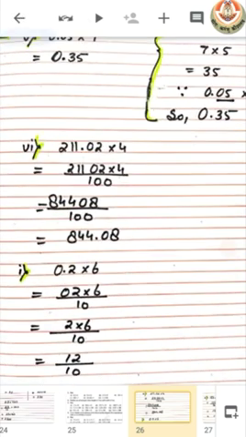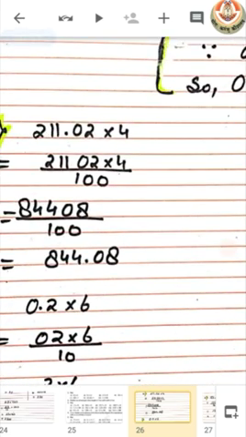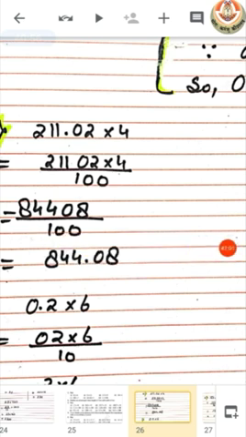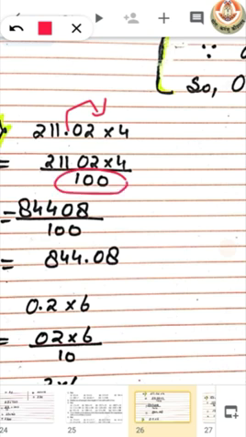Here you can see how we can simply multiply. To multiply 211.02 with 4, we first shift the digits to the rightmost side and place 100 in the denominator. Then we have the two numbers as whole numbers. After multiplying both as whole numbers, we get this answer.